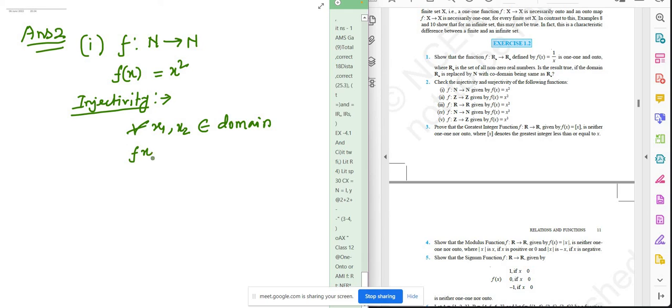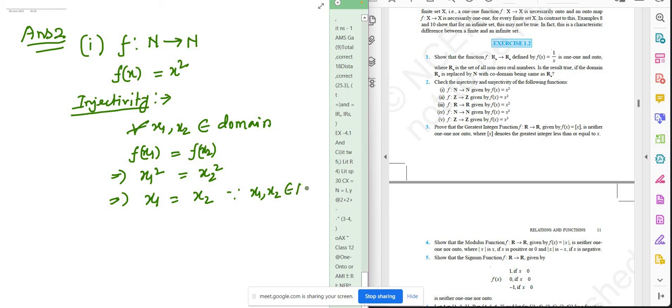That means for all x1, x2 belonging to domain, if fx1 equals fx2, fx1 is x1 square and fx2 is x2 square, then we get x1 equals x2; plus minus we will not put. Why? Since x1, x2 belong to natural numbers.